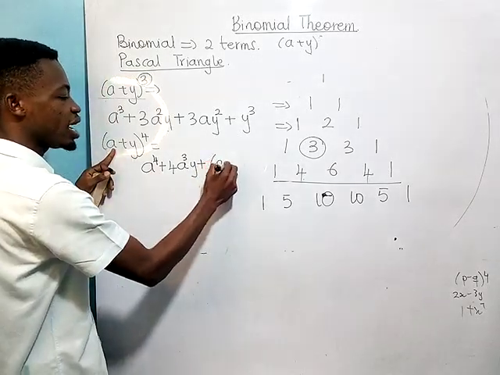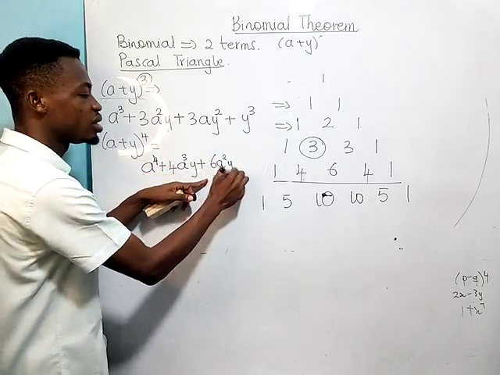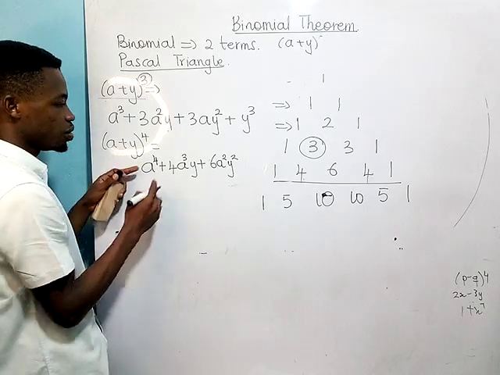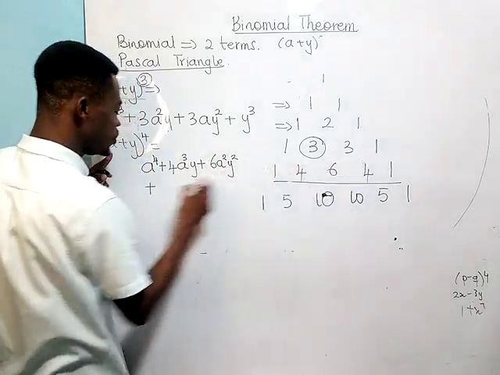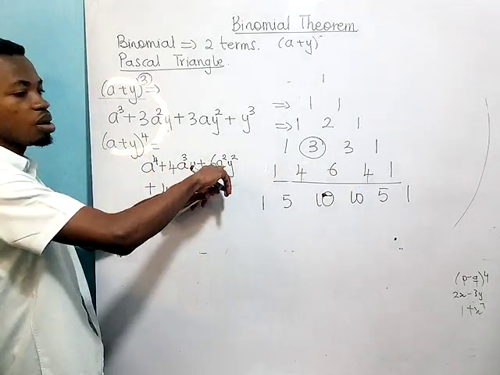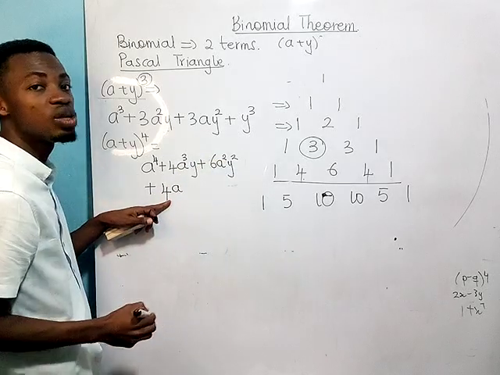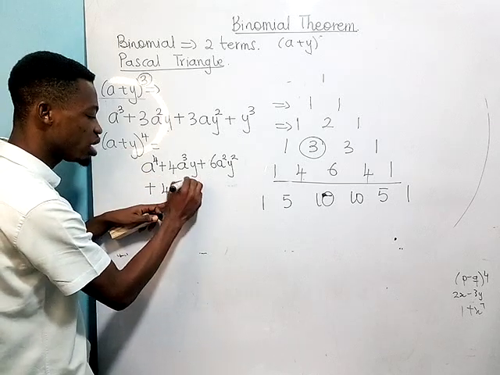We have a to the power 2, it is decreasing, the y increases to the power 2. Followed by plus, the next coefficient is 4, but here a to the power 2 will decrease, we have a to the power 1, then y increases, we have y to the power 3.